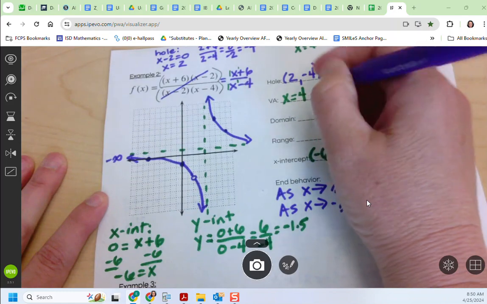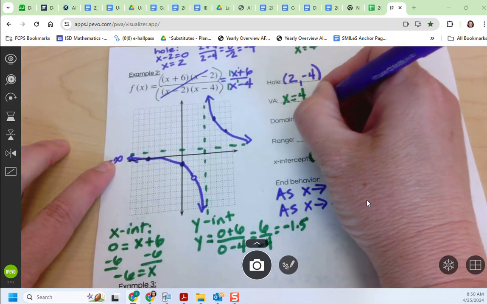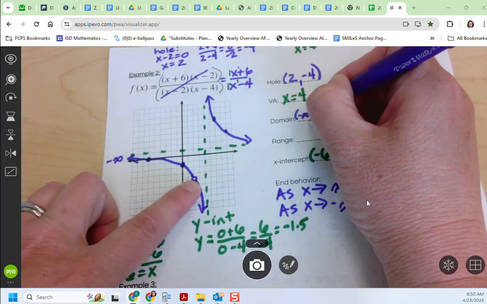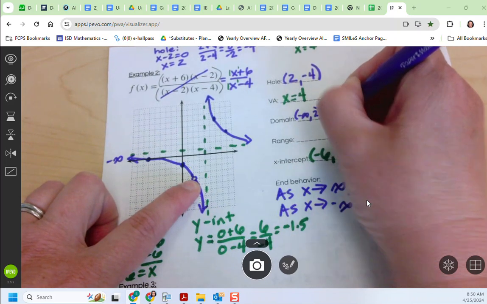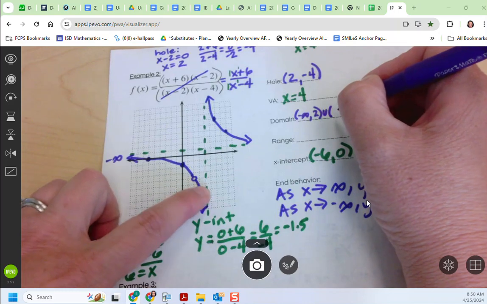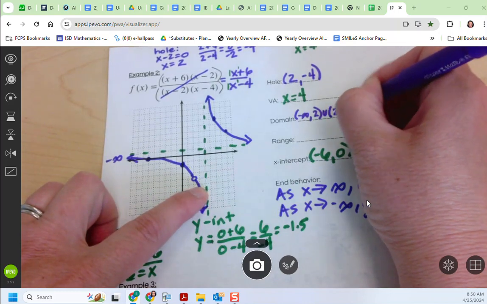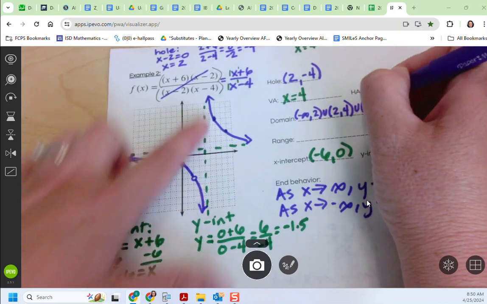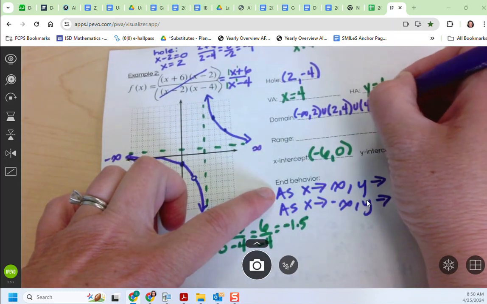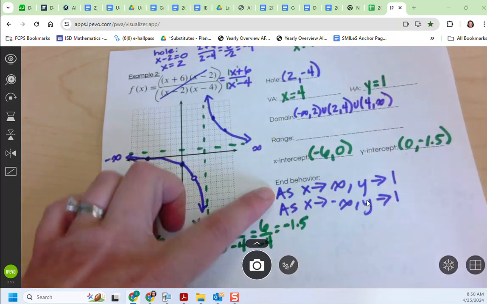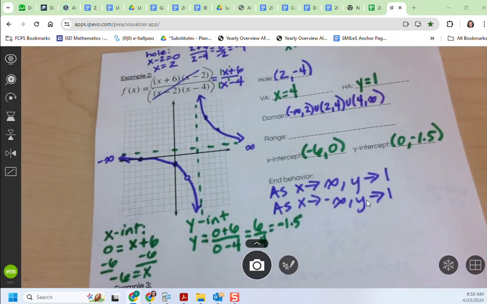Start at negative infinity, and then go up to the hole, which is an x value of 2. Then 2 to 4, your asymptote. And then from 4 to positive infinity. Okay, so you had to leave out the hole, and you had to leave out the asymptote.